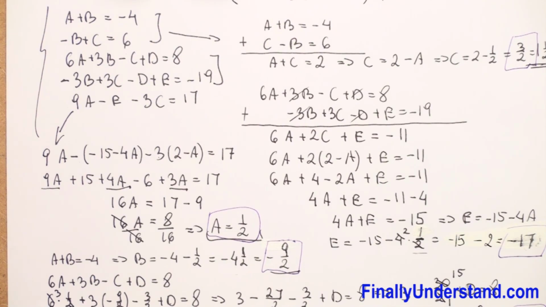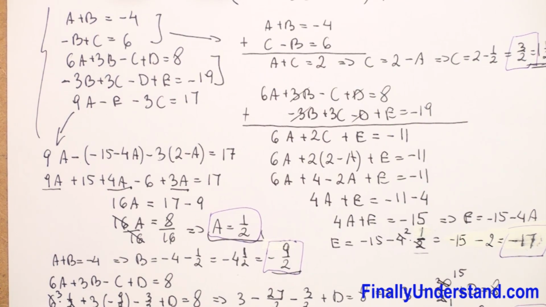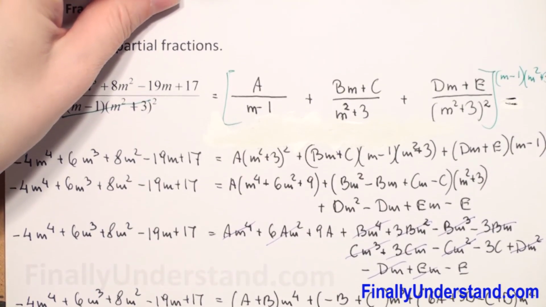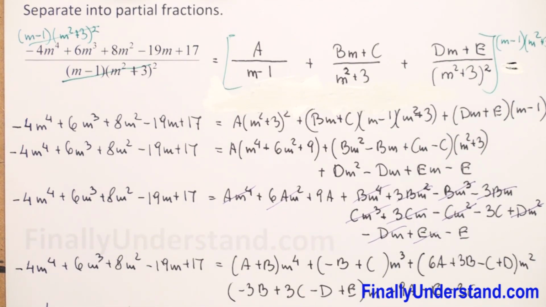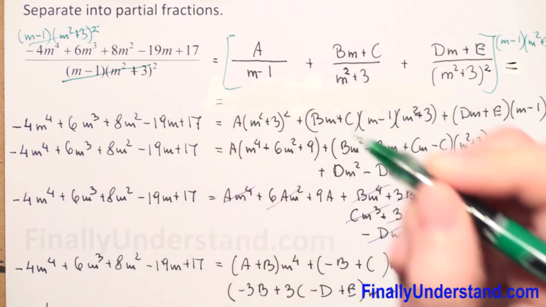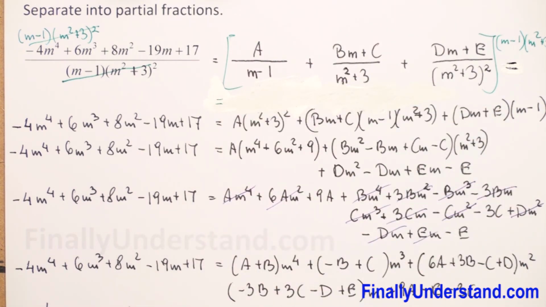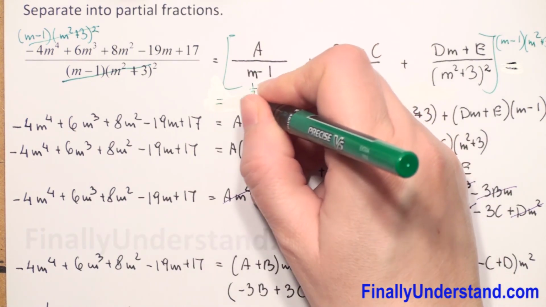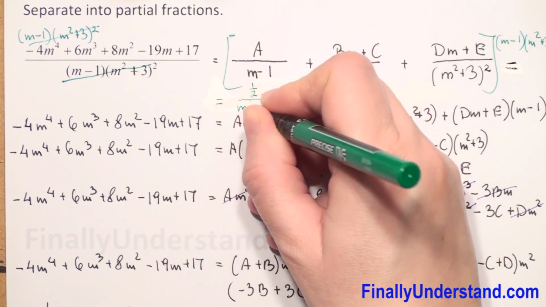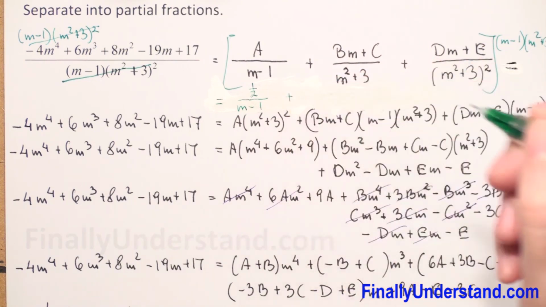So now we can come back to our partial fractions, and we can rewrite that our original fraction is equal to a. We found that this is 1/2, and the denominator we have to rewrite, plus b.